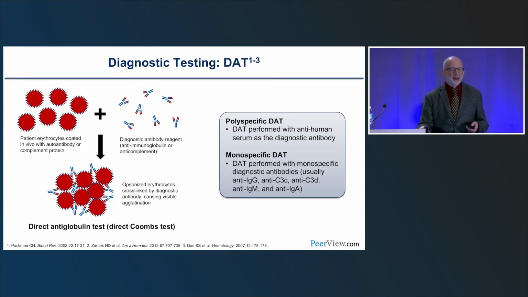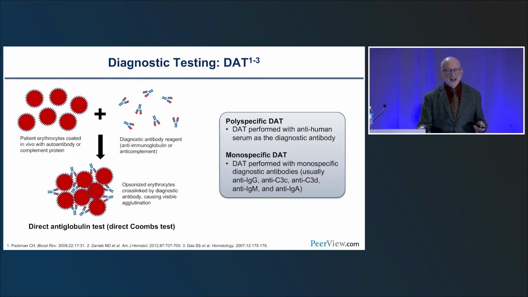I mentioned as a diagnostic test the direct antiglobulin test, or DAT, or direct Coombs. It's a very simple test. Red blood cells are added to a diagnostic antibody, usually on a gel card, but it may also be done in a tube. And opsonized erythrocytes will then be cross-linked by the diagnostic antibody, and there will be visible agglutination, and the test is positive.